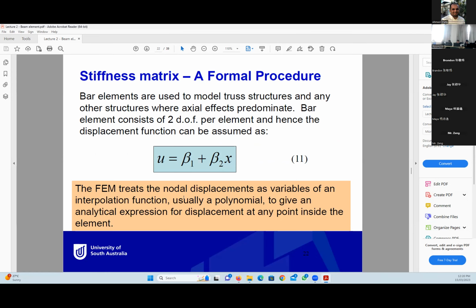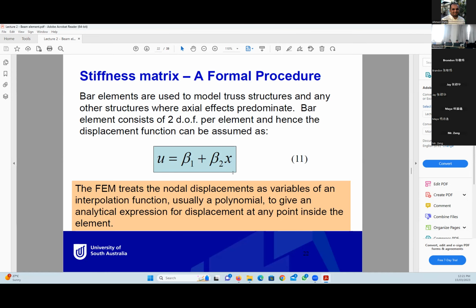Okay. So finite element modeling treats the nodal displacement as a variable of an interpolation function, usually a polynomial, to give an analytical expression for the displacement at any point inside the element. So using this displacement function, you can find the displacement at any point on the element, not only the start and end nodes.